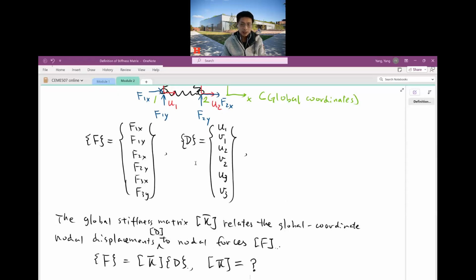Typically, we start from the element level, and based on that, we use a very straightforward process to find the global relations. So that's the definition of stiffness matrix, and that's all for this topic. After you do some exercises, we will talk about the derivation of the stiffness matrix for a spring element. So how would the elemental stiffness matrix look for a spring element?